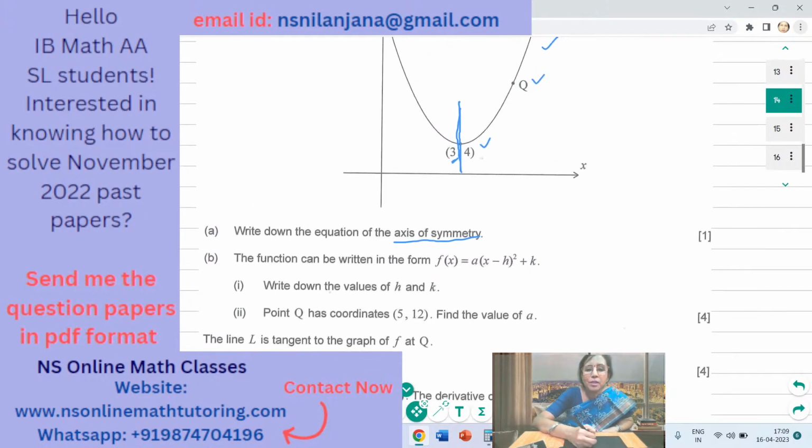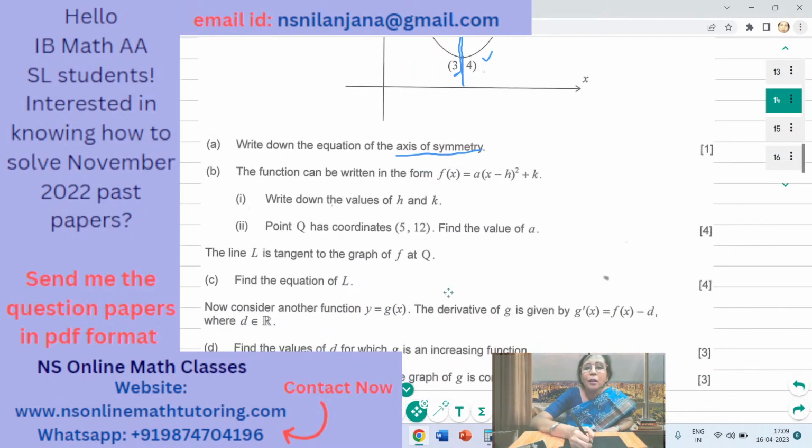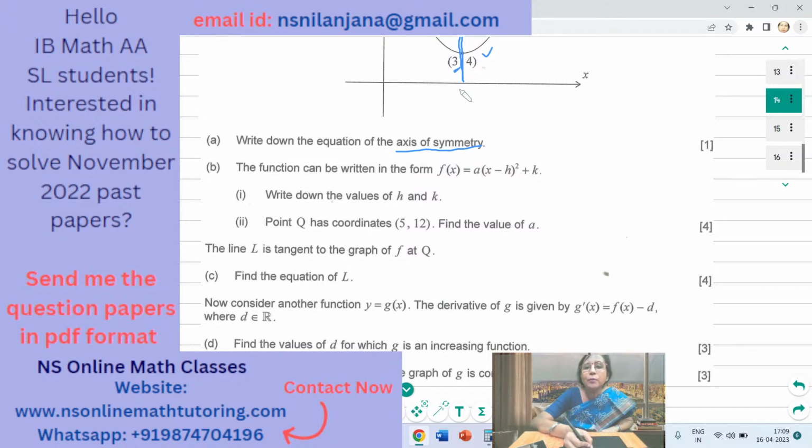If you extend this line, you can see it divides the parabola into 2 symmetrical halves, the left side and the right side. So the line of symmetry will always have an equation of the type x equal to some number, and that number is the x coordinate of the vertex. So the equation for the line of symmetry is x equal to 3.